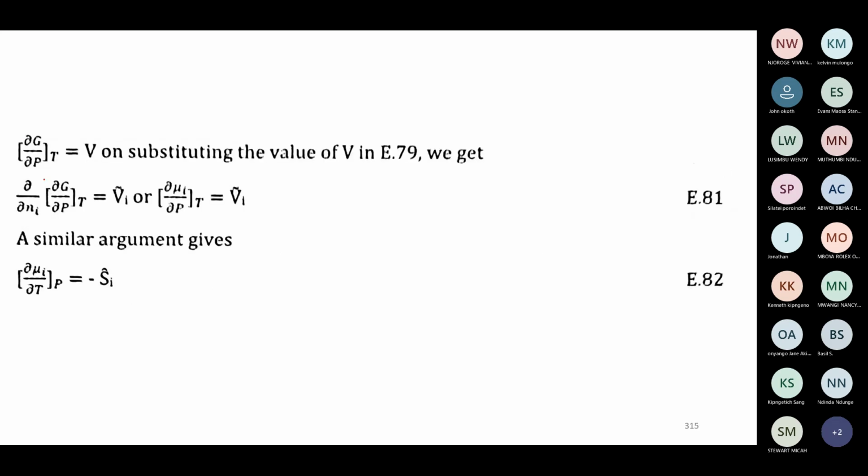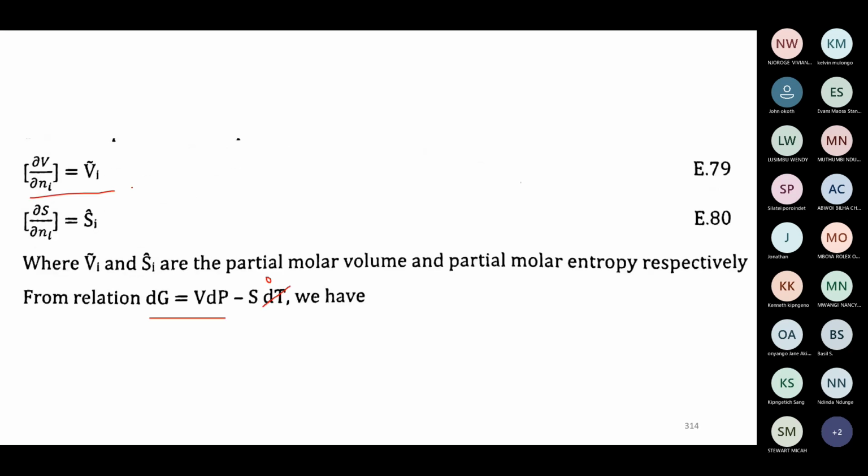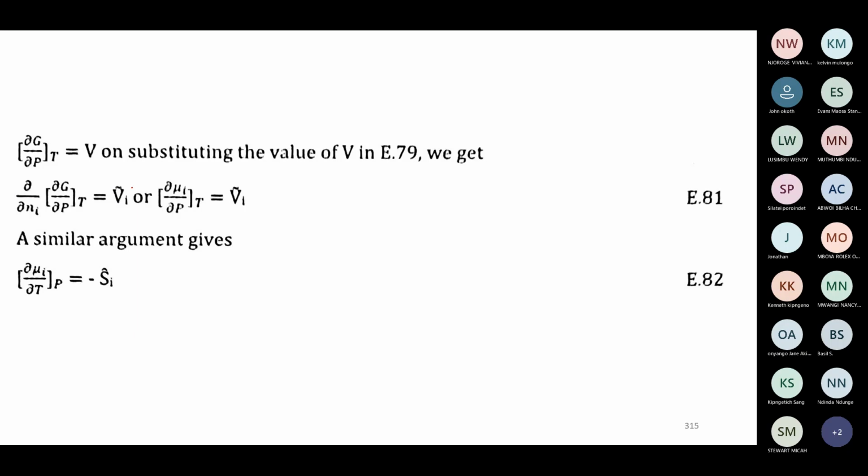So this is delta Ni of delta G over delta P at constant T equals the partial molar volume for that particular component i. Or we can say d mu i over dP at constant T equals Vi.